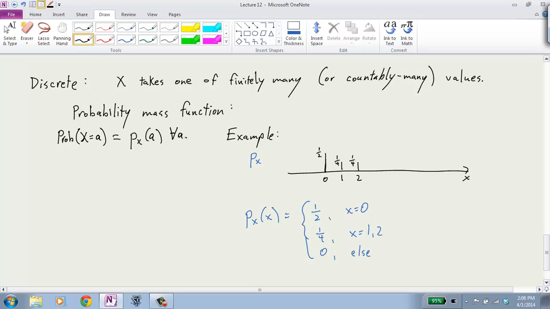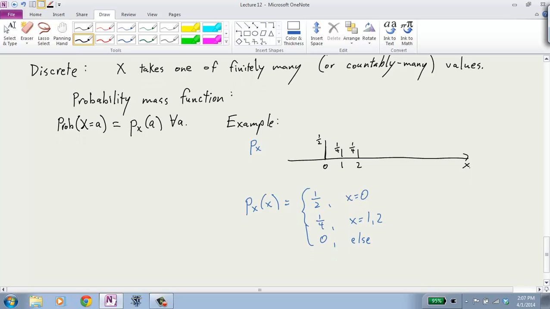This would be a over here, although I'm not going to change that because that confuses me. Okay, so any discrete random variable, its distribution is fully expressed by this probability mass function.